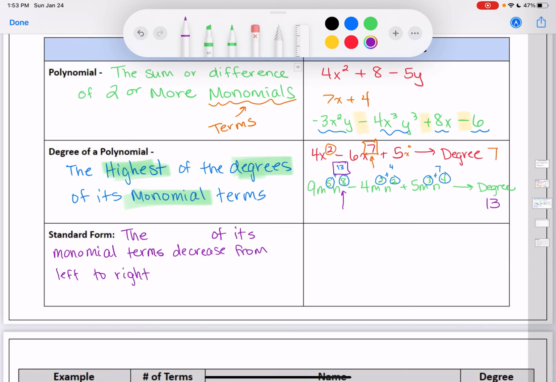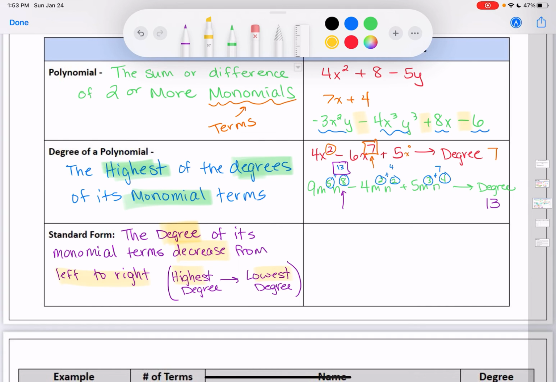I mean, standard form is the order that it goes in, but it's the degree of its monomial terms decreases from left to right, meaning it goes from highest on the left, highest degree, to lowest degree on the right. That's standard form, okay? Now it does seem, again, like the words are a little bit confusing, but the big idea here is the degree decreases from left to right. So highest on the left, lowest on the right.